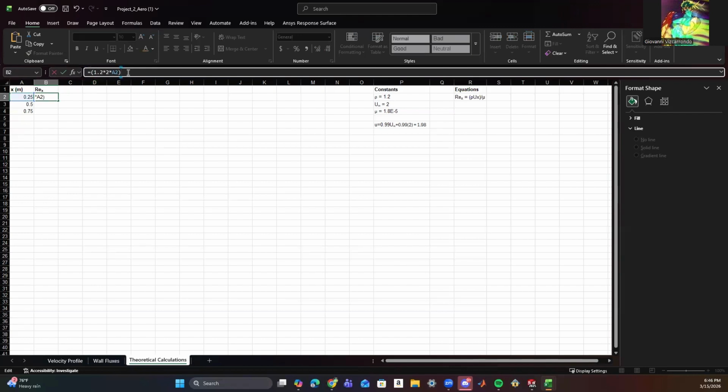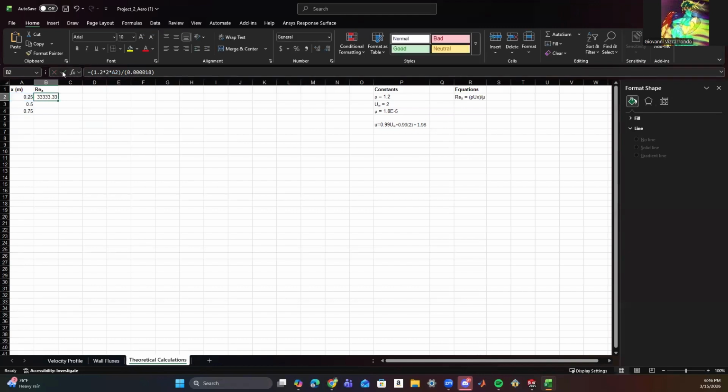It's going to be all of that divided by our mu, which is 1.8 e to the negative fifth, and then in parentheses. All right. And we're going to hit click, and then we're going to drag it down. And those are our Reynolds numbers for each part. Excellent. Now that we got that.